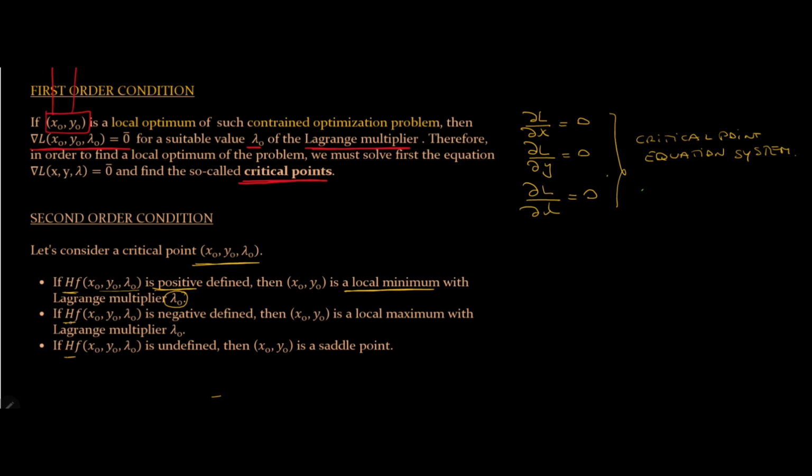If the Hessian matrix is negative, then we have a local maximum with this Lagrange multiplier, and if it's undefined, then we have neither a minimum nor a maximum, and what we have is a saddle point.